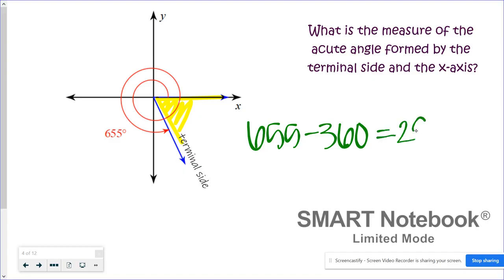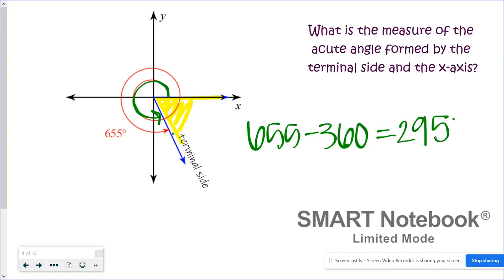295. Okay, so basically if we hadn't gone that one extra rotation, we would have ended up at 295. So what are you thinking? Yeah, it was almost like 2 full rotations, right? We were just kind of shy of hitting that 360.